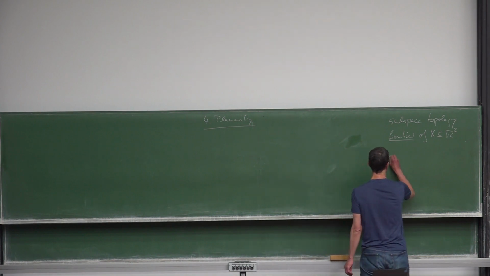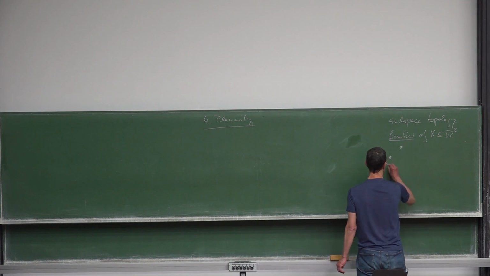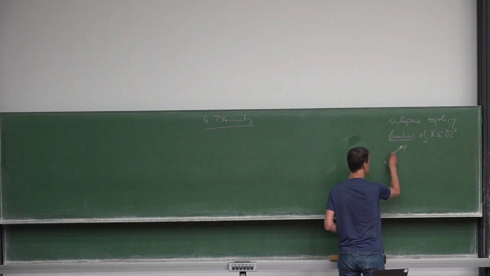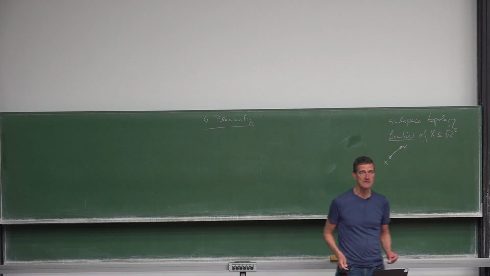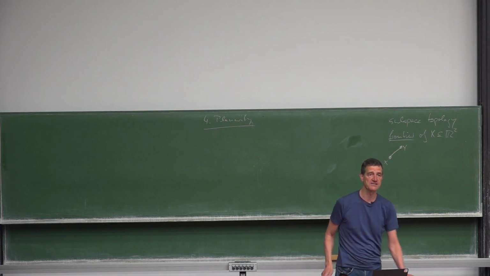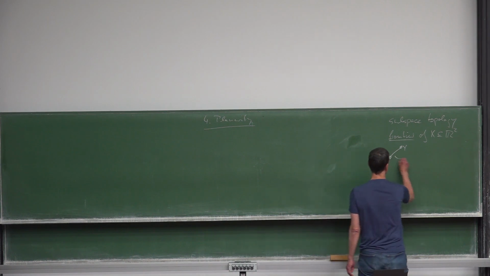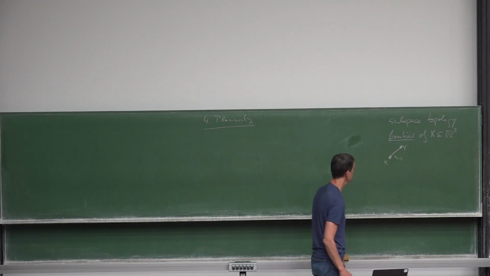Then for two points x and y in the plane, I need something that I call a straight line segment. So what's that?